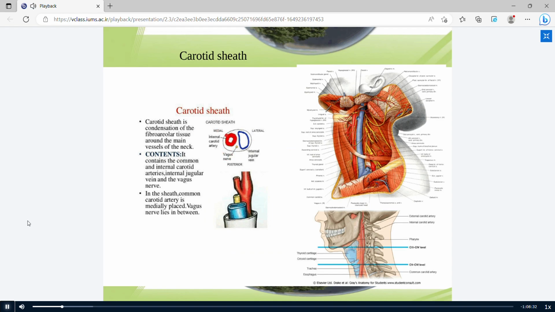The carotid sheath is a connective tissue located around the jugular vein, common carotid artery, internal carotid artery, and vagus nerve. This is the carotid sheath, and it lies around the main vessels and nerve in the neck.